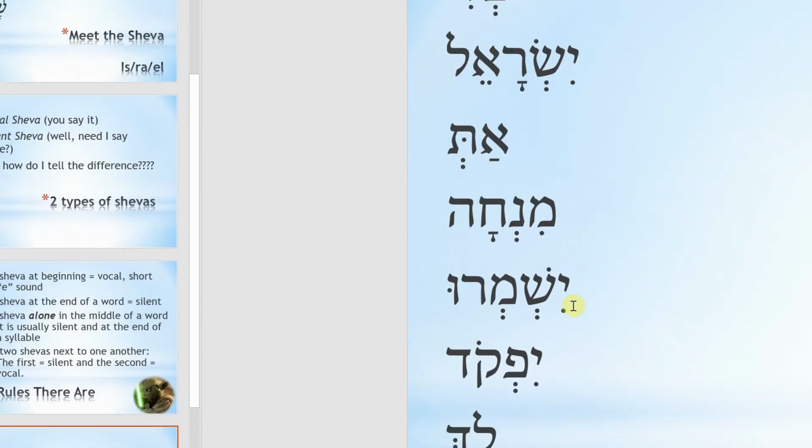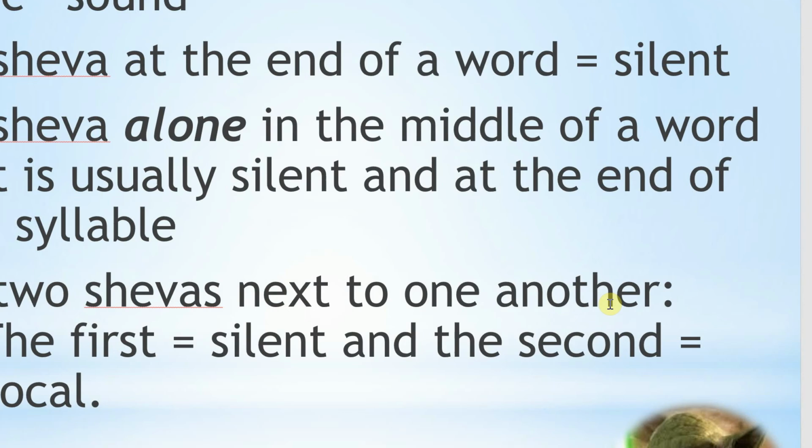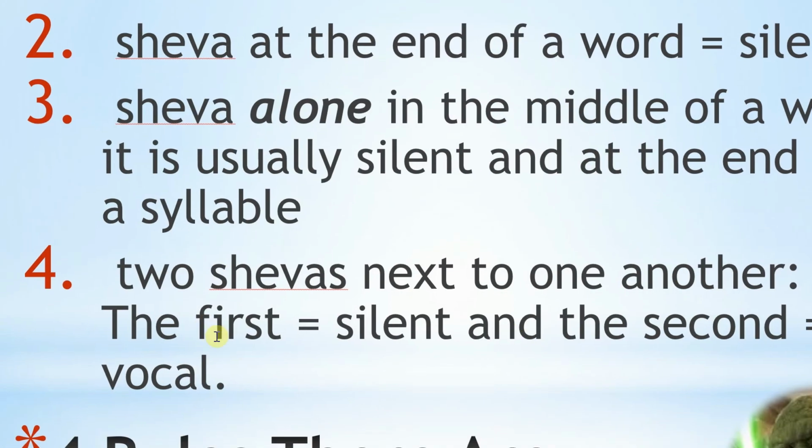Here would be one example of 2 schwas next to one another. Yishmeru, yishmeru. So the first schwa is silent, the second is vocal. Yishmeru, yishmeru. Back to the rules. When 2 schwas are next to one another, the first is silent and the second is vocal.